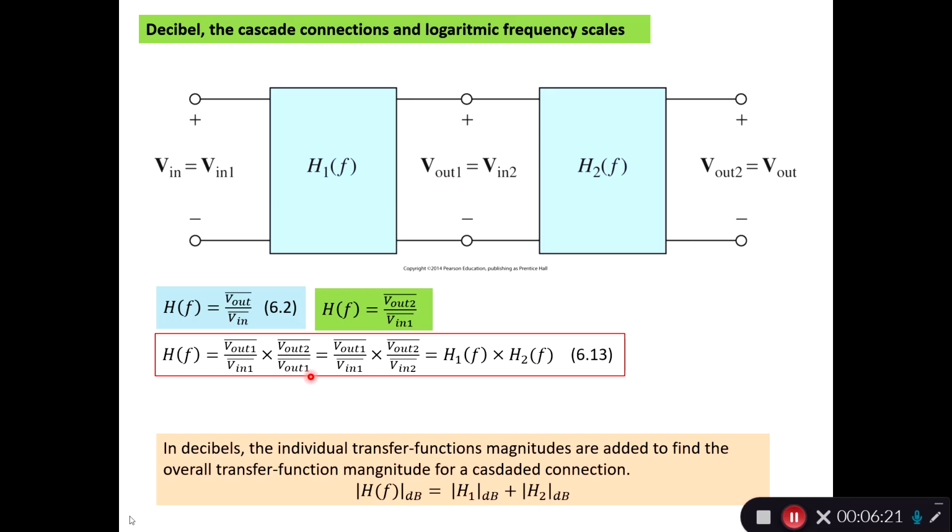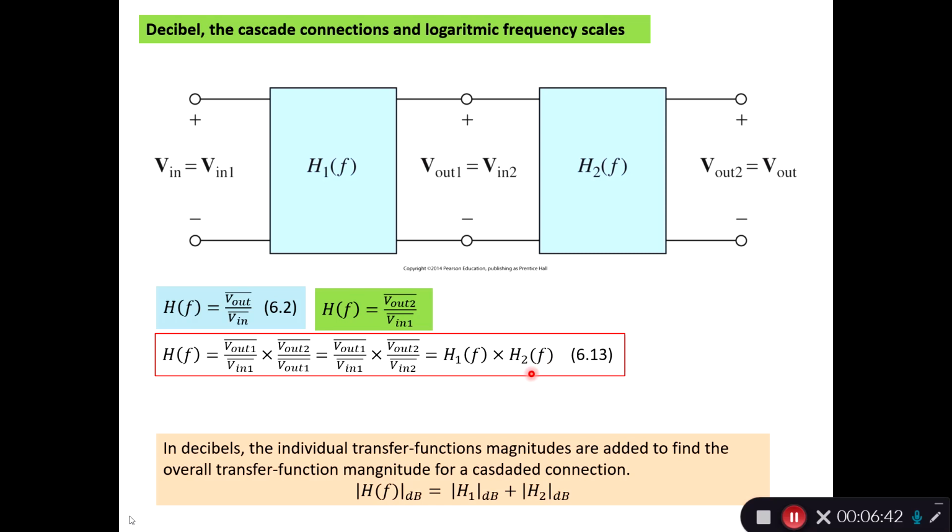Then you can see this one cancels out and this one cancels out. So I actually get Vout1 over Vin1 and Vout2 over Vin2, that is, each individual transfer function times each other.